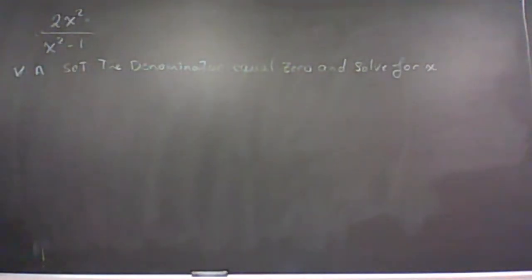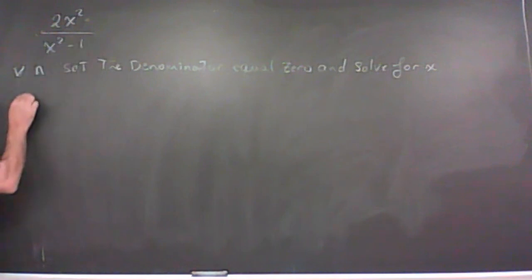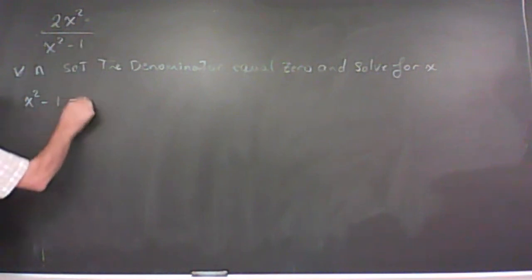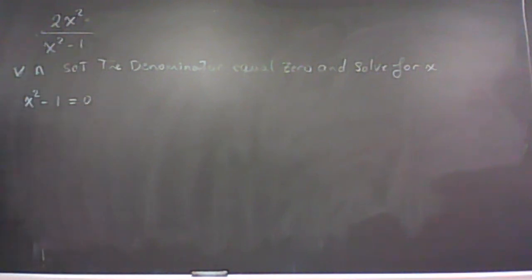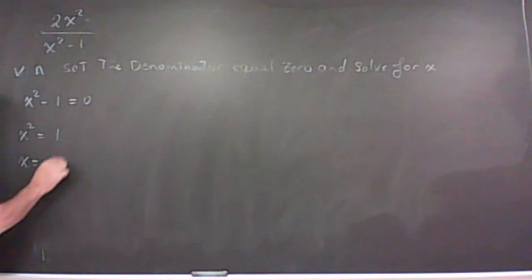We're going to take the denominator, set it equal to 0, and solve for x. Okay? So we're looking at x squared minus 1 equals 0. x squared equals 1. x equals plus or minus 1.